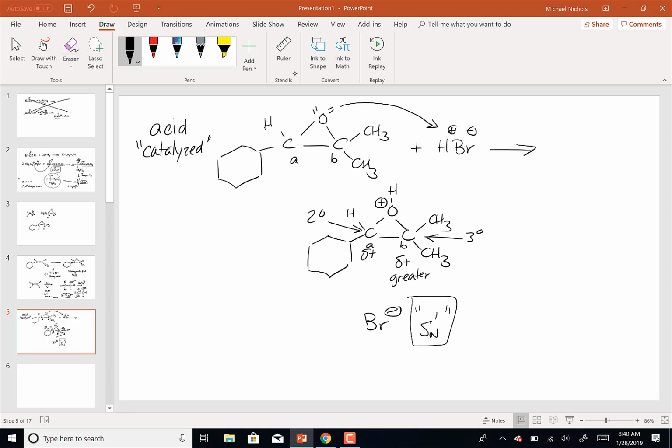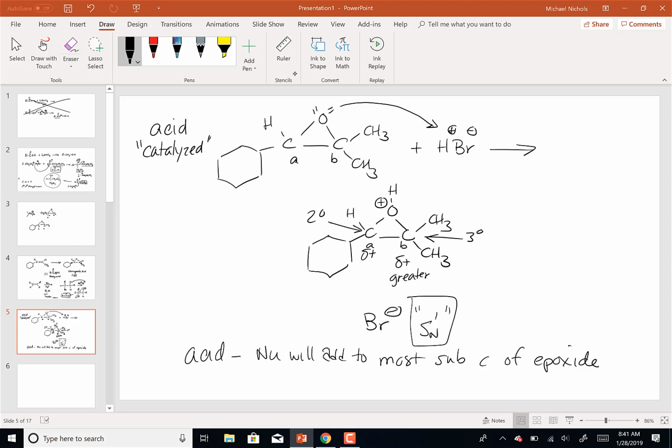So when you're using acid, the nucleophile will add to the most substituted carbon of the epoxide. That's how we get the regioselectivity of an epoxide opening under acidic conditions.